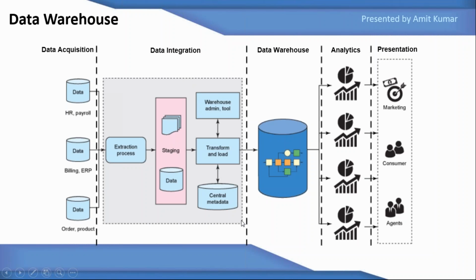Usually in a practical scenario, the data integration server is a separate server, where staging can be one database and the data warehouse is another database. Staging is a database for storage of all the different data from different systems in raw format, that means as it is there in the source database.